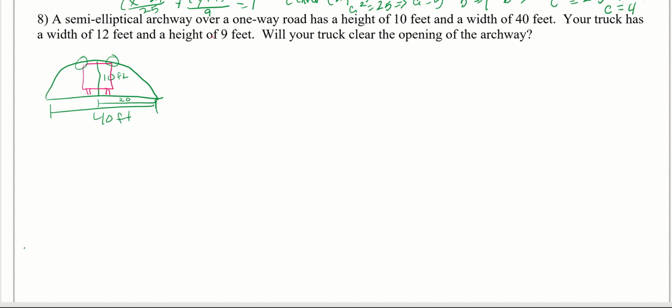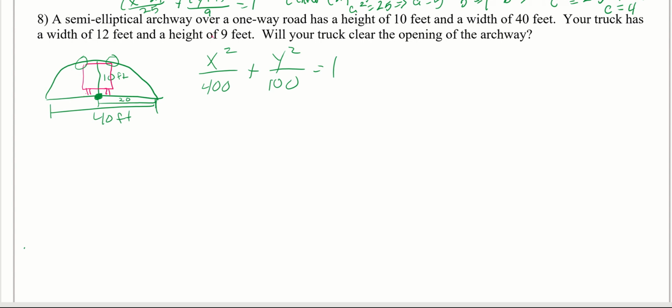So that's going to be 20, right? So x squared over 20 squared, which is 400, plus y squared over 10 squared, so 100, is equal to 1. It didn't tell us anything about the origin and stuff like that, so we're going to make our life as easy as possible and we're going to call this the origin of the problem.